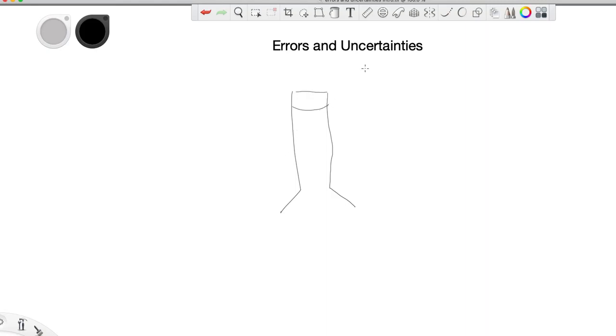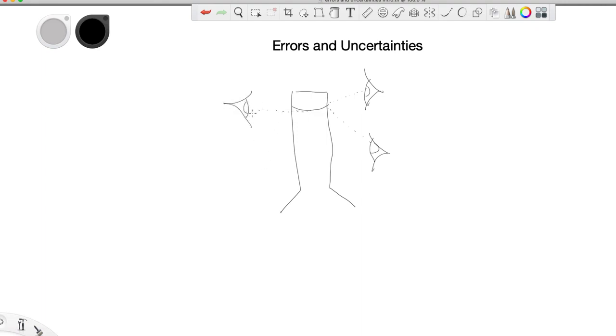Now if your eye is up here for the first measurement, so you're looking down on the meniscus, you'll have a different error compared to if you are looking up. These of course are extreme examples. You wouldn't do this. You would always try, of course, to have your eye level with the bottom of the meniscus.